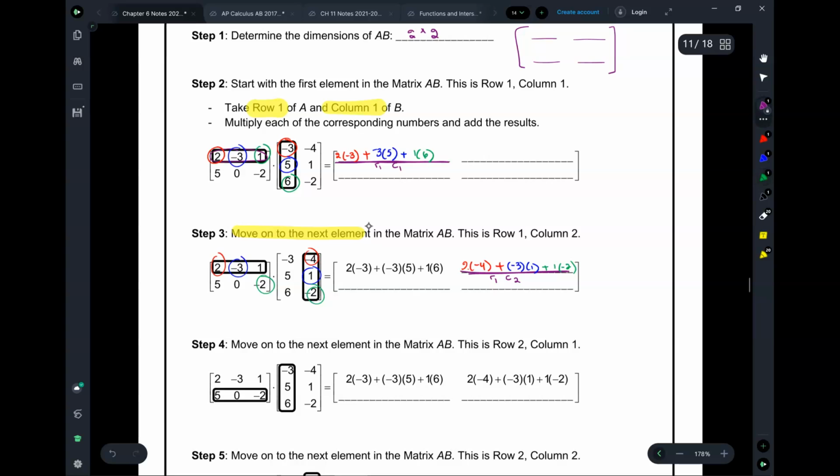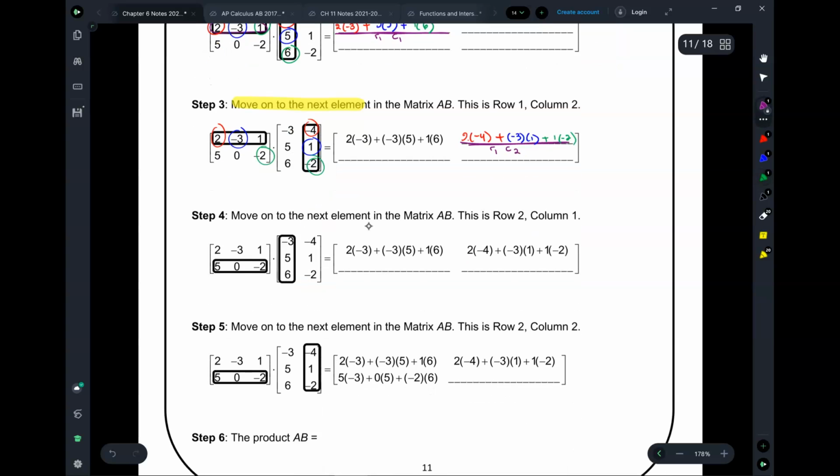Next, I'm going to take the next one, right? So this one. This is row 2, column 1. So I take row 2 with column 1. And I multiply them. 5 times negative 3 plus 0 times 5 plus negative 2 times 6.